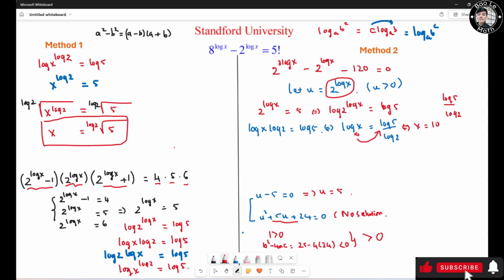And now I convert this into the radical. So s is equal to the log 2 root of 10 to the log 5. Keep in mind we have the formula a to the m over n equals the n-th root of a to the m.